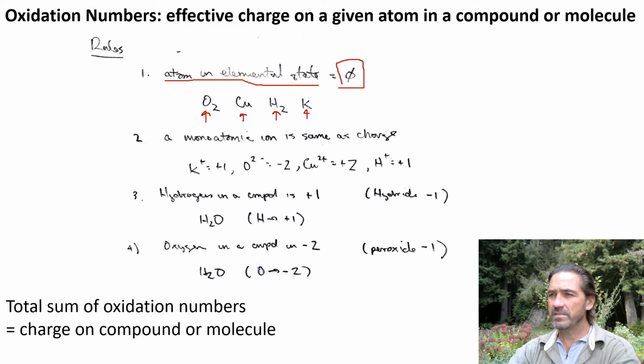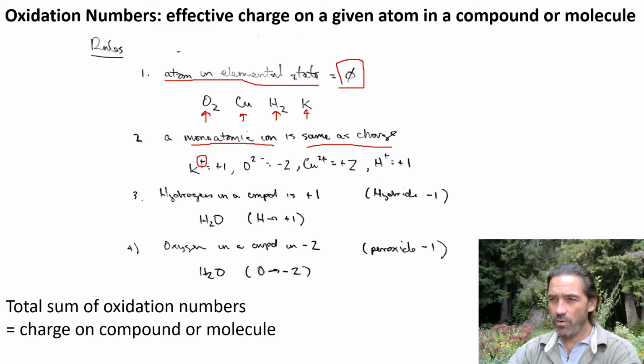So elemental state, oxidation number of 0. If you have a monatomic ion, so just one atom that has a charge, the oxidation number is that charge. So potassium ion at +1, its oxidation number is +1. Oxygen as oxide, -2, and so on.